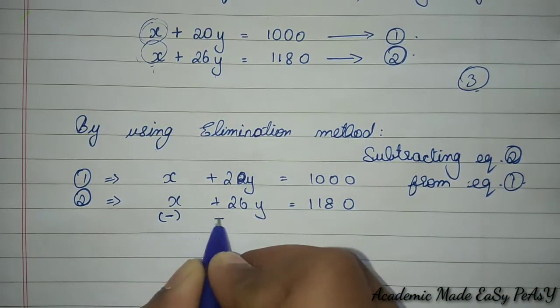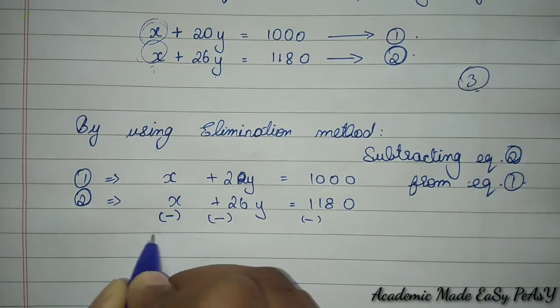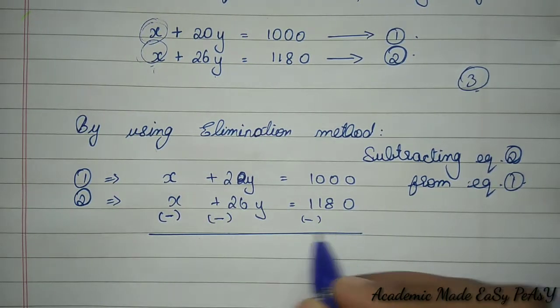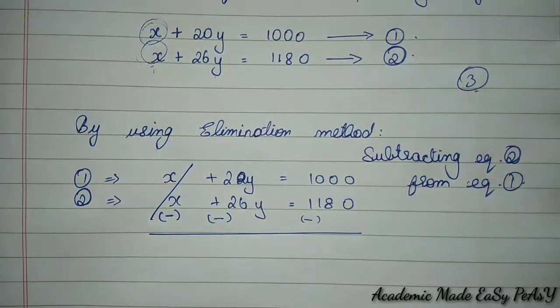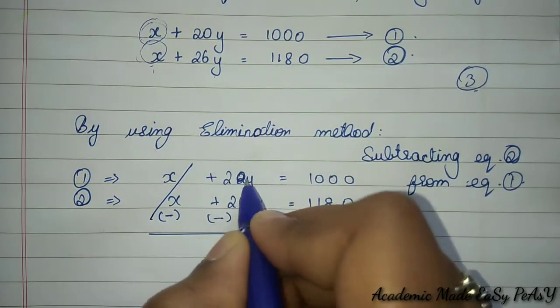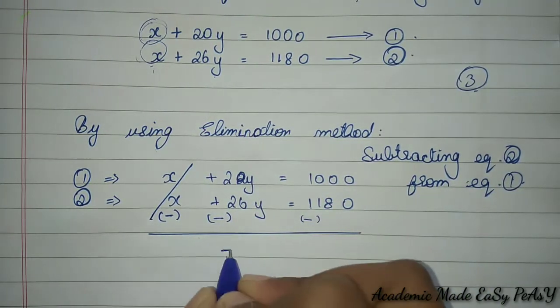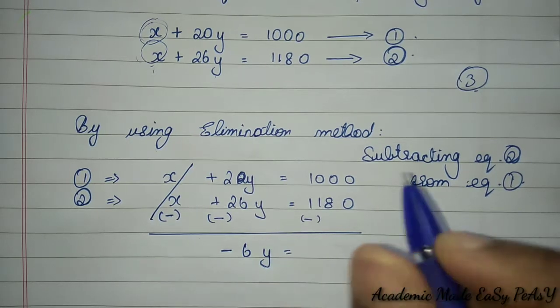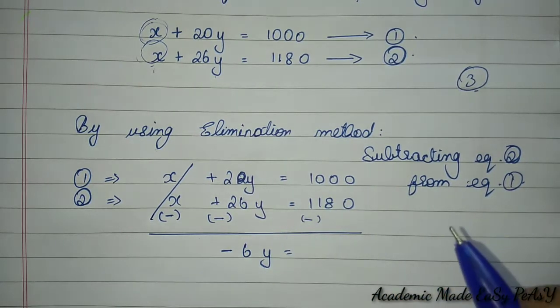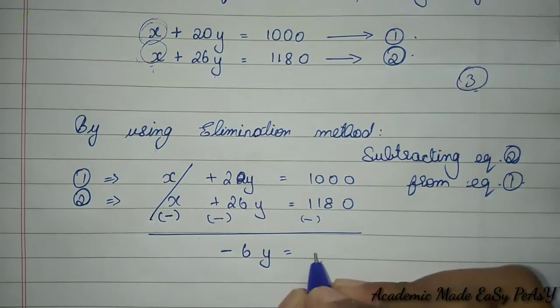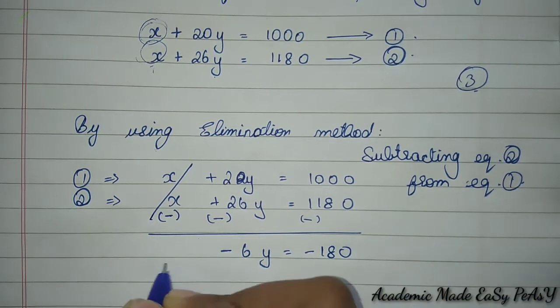So plus will become minus and minus will become plus. Since everything is plus over here, everything will change to minus. So the x part will get cancelled. And here 20y minus 26y is minus 6y is equal to 1000 minus 1180, which is minus 180.